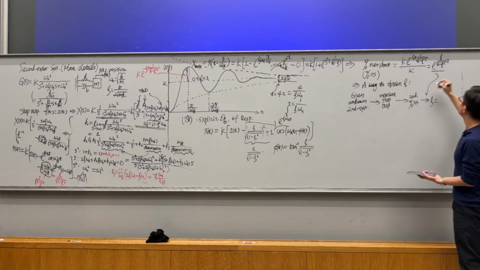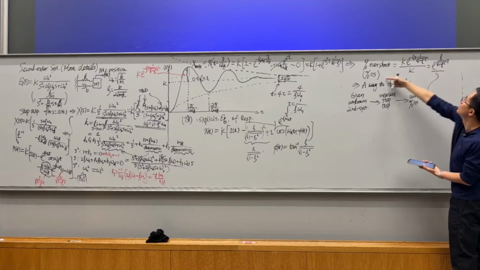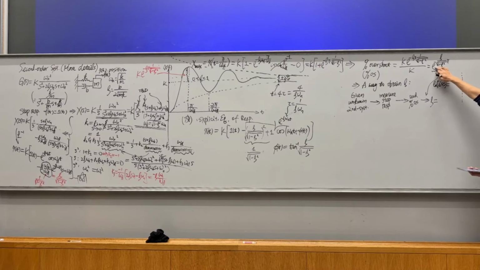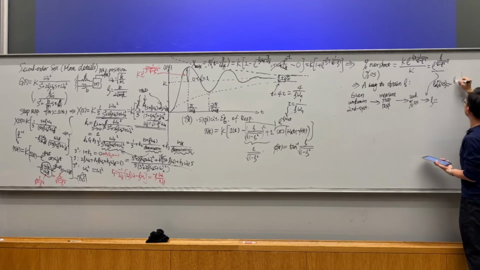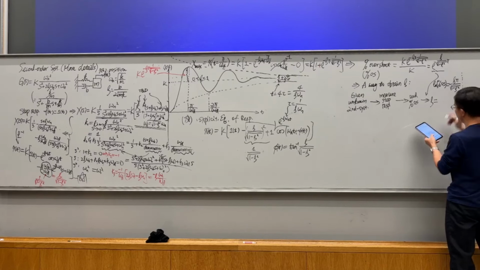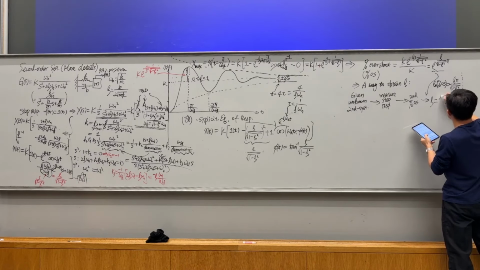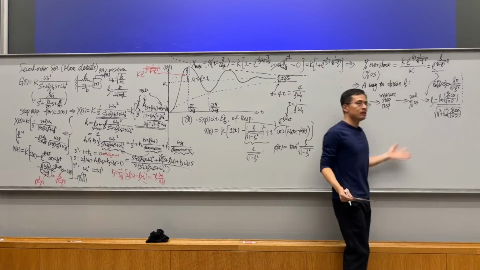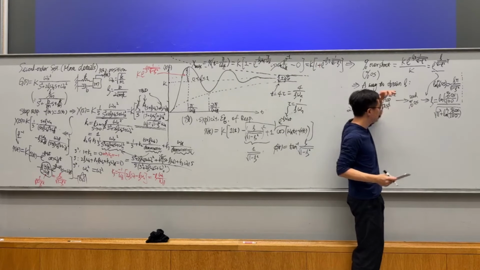More specifically, from here, log of percentage overshoot equals negative zeta pi over the square root of 1 minus zeta square. From here you can obtain zeta. I'll give you the formula: it's going to be the negative log of percentage overshoot over the square root of pi square plus log square. This is basically simple calculus.